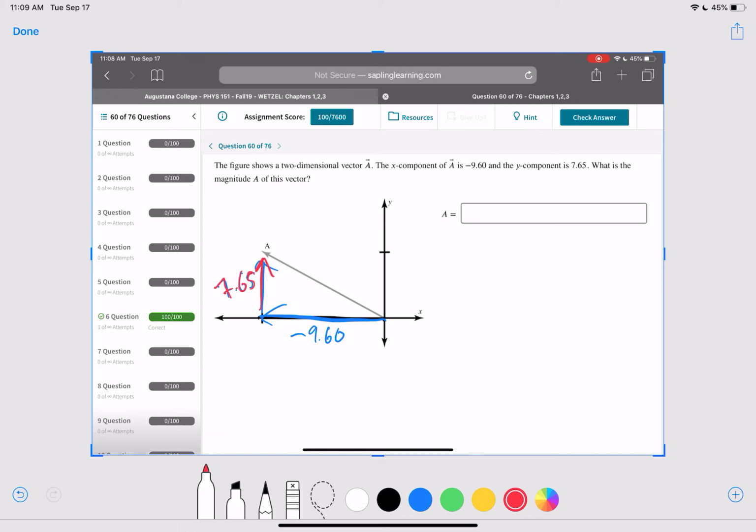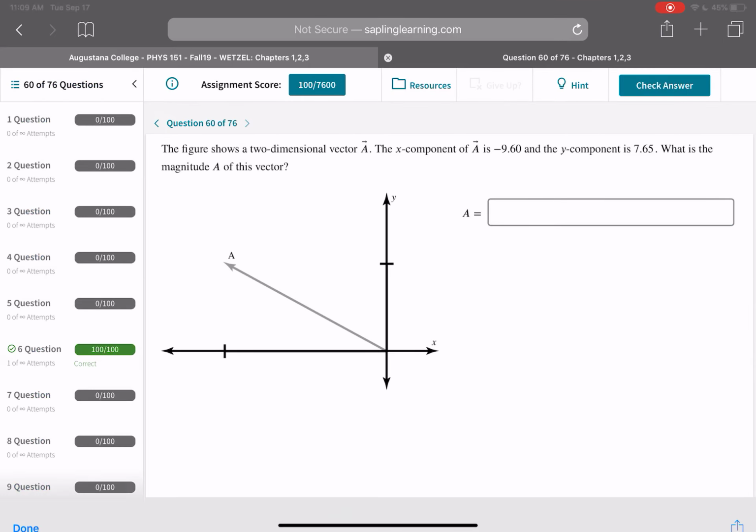That's easy. The magnitude, let's call it m, of this vector is equal to the square root of 7.65 squared plus 9.60 squared. Okay, it would be negative 9.60 squared, but when you square a negative, it becomes a positive. Okay, so then that's it. That's the answer. Done. Delete.